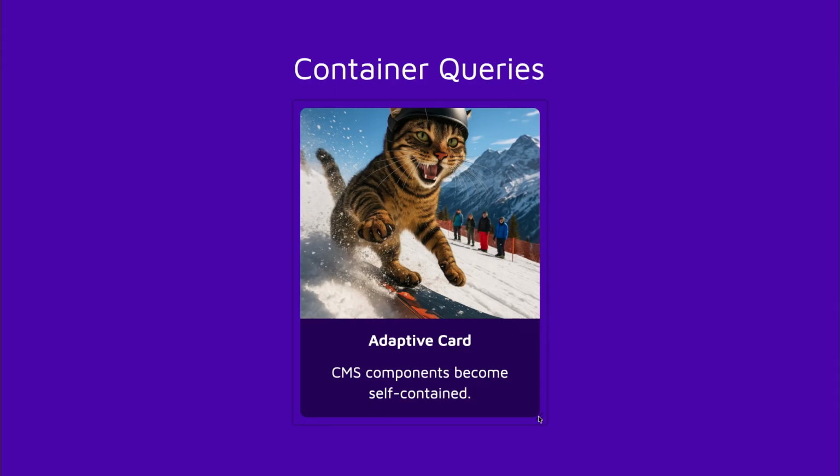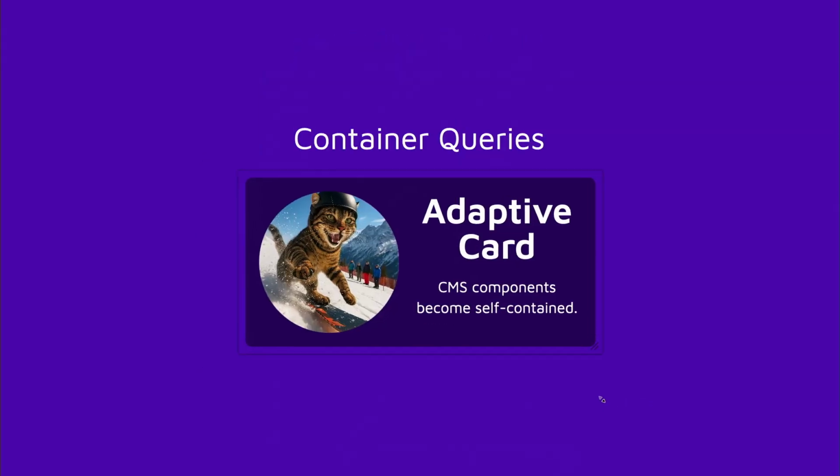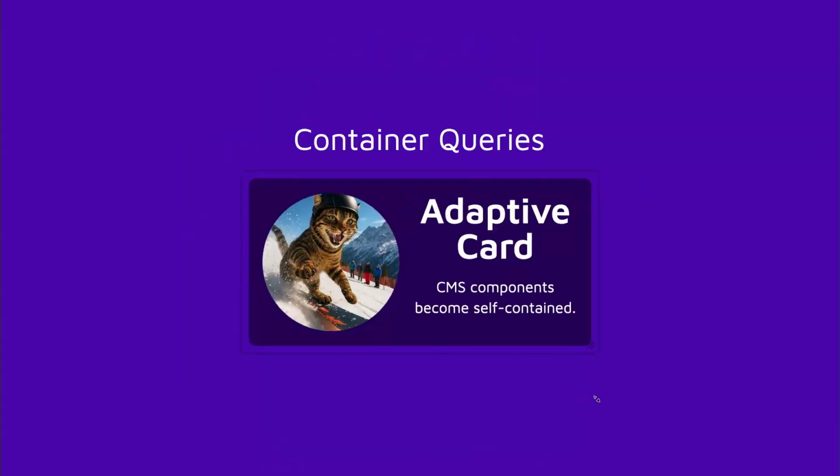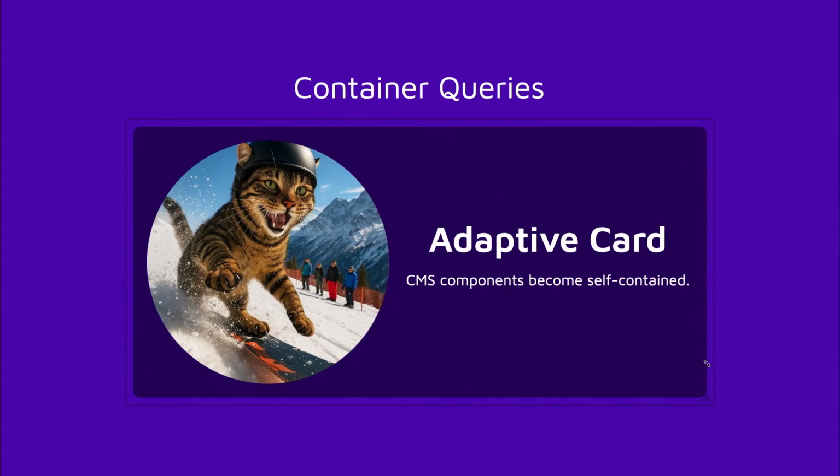So we have container queries, where it depends on the size of the parent. It can change the layout. This is awesome. It saves you so much time, especially in the context of a CMS.